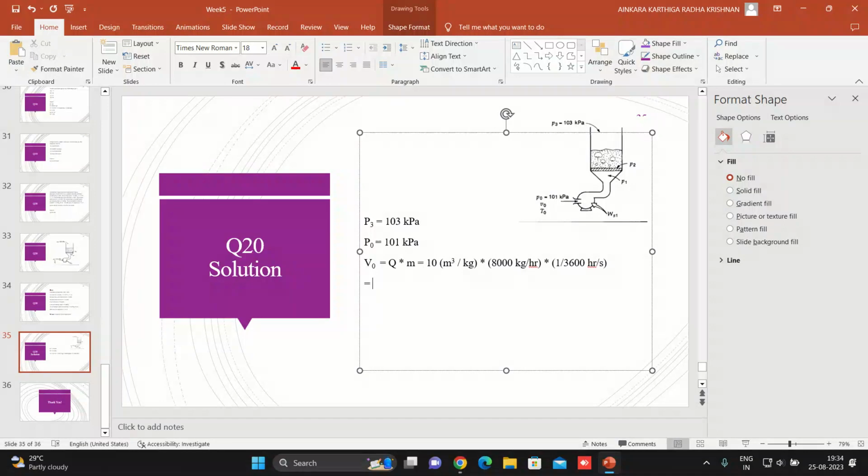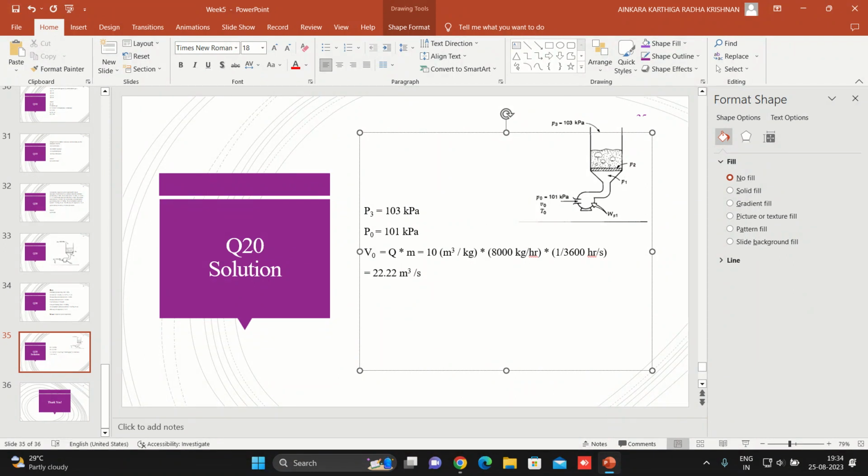So what will we get for this? We will calculate it. 10 into 8000 into 1 divided by 3600. It is 22.22 meter cube per second.